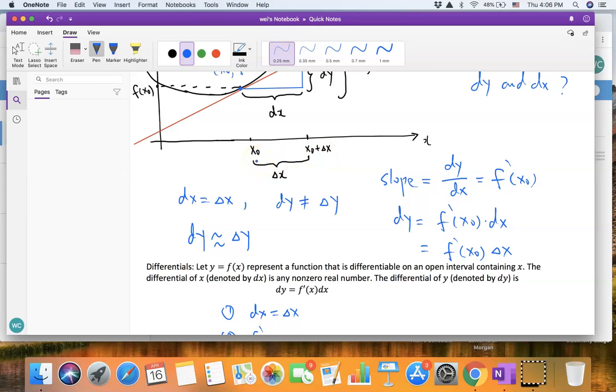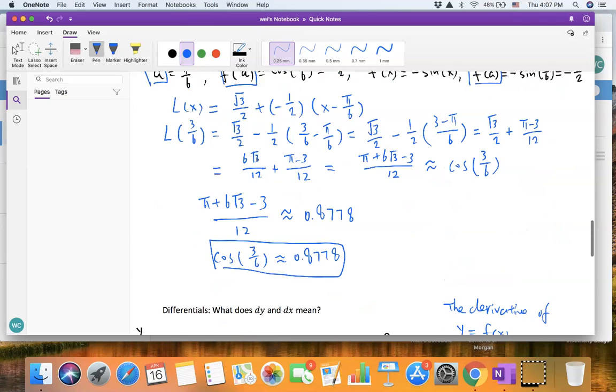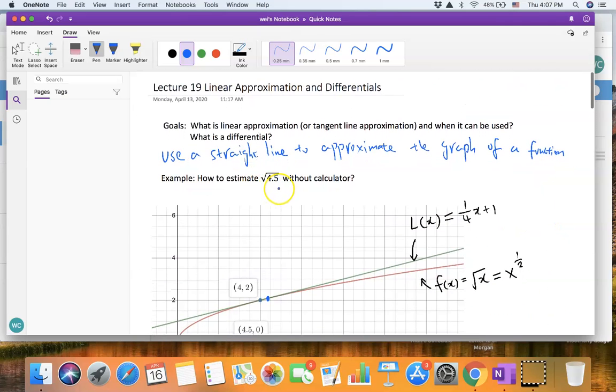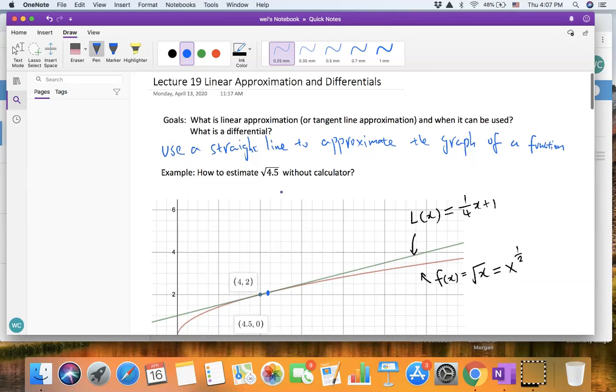At that easy point, I can calculate the function value, and I can calculate the derivative without too much work. So that number is x0. Like in our first example, the x0 is 4.